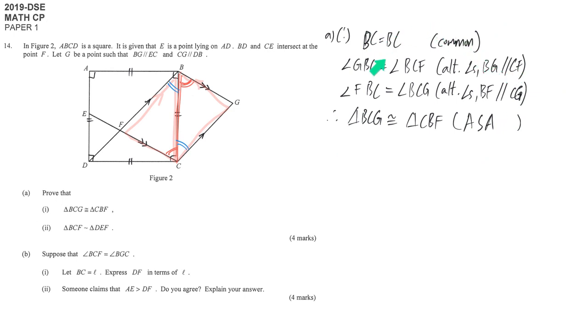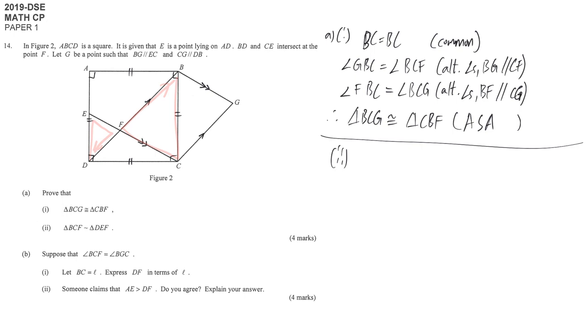The reasons here seem easier than before. And then in part A2, they ask us to prove that triangle BCF is similar to triangle DEF. The easiest method to prove that they are similar is using AAA, and it's the only way here.